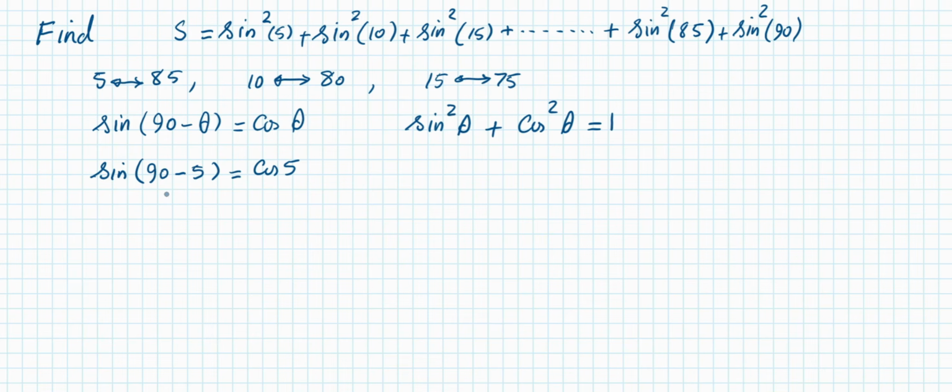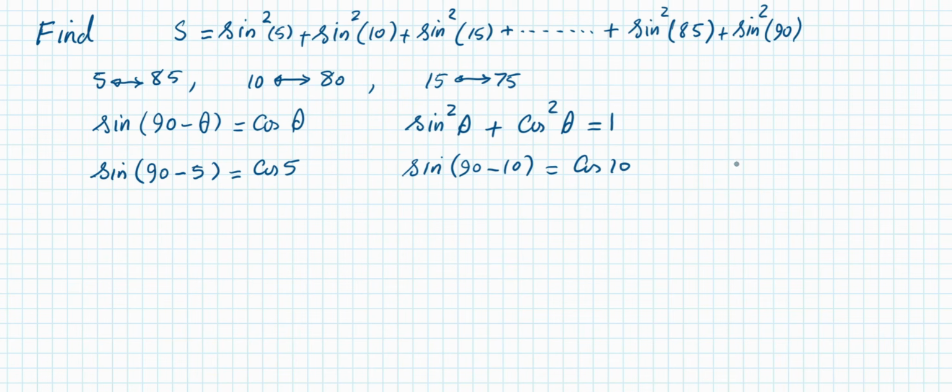So sine of 85 and cosine of 5 degree are the same. Sine of 90 minus 10 is equal to cosine of 10. And we can write these pairs of relationship from the above summation.